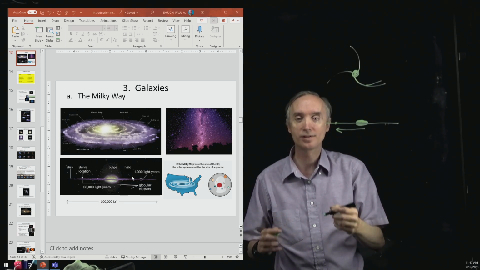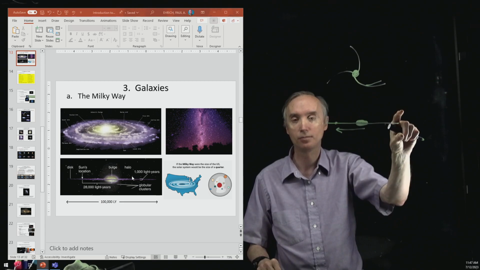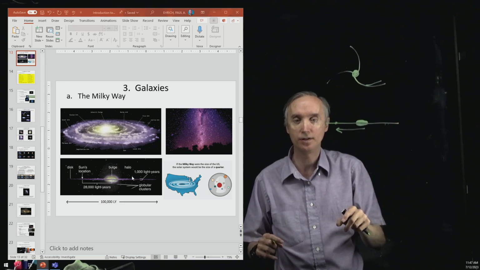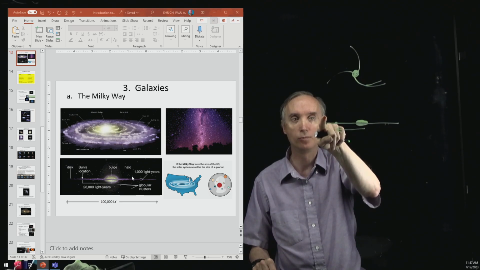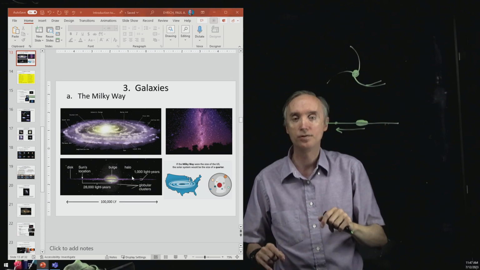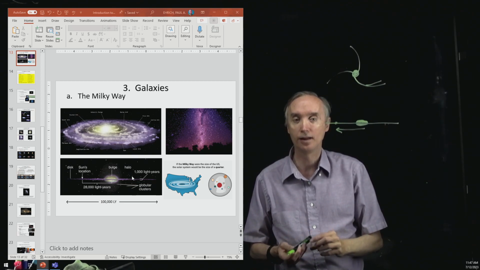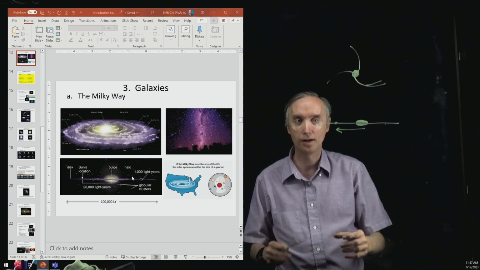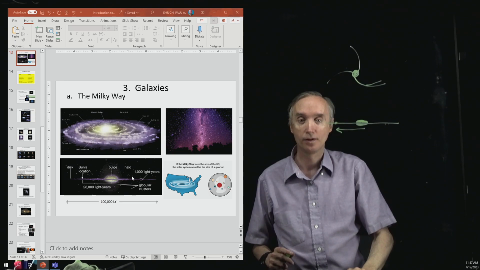Now the overall size of the disk part of the Milky Way galaxy is 100,000 light years. So if you wanted to travel from one edge of the disk to the other edge, it would take you 100,000 years traveling at the speed of light to get all the way across.